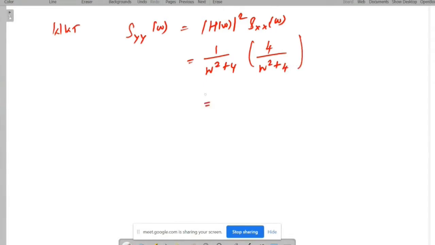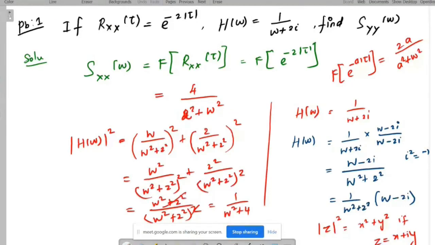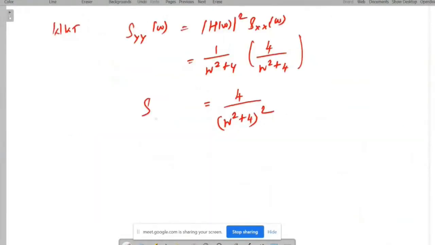You can multiply these two things. From that you may get the answer. So I have substituted and multiplied these two things. So this is S_yy of omega. So that's all, right?